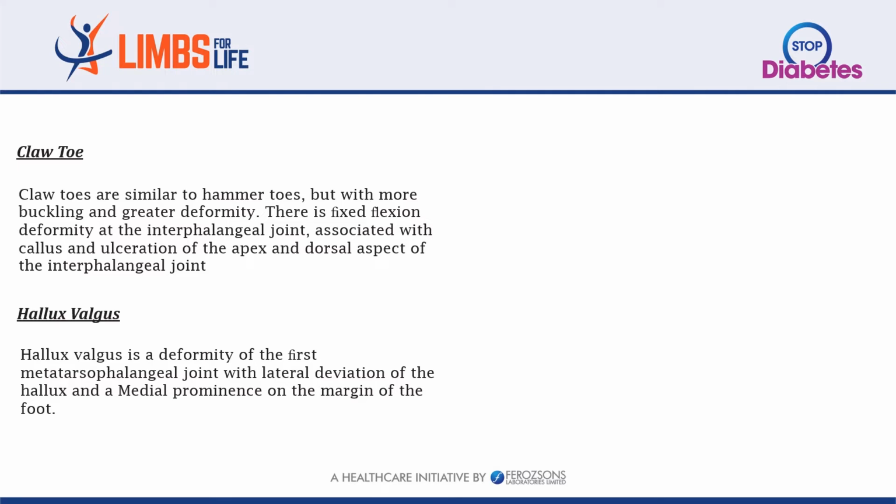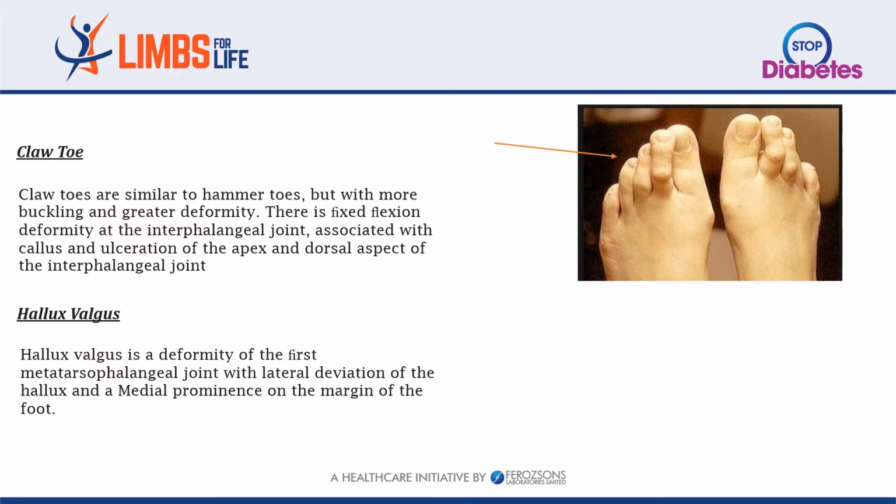Hallux valgus. Hallux valgus is deformity of the first metatarsophalangeal joint with lateral deviation of hallux and medial prominence on the margin of the foot, as you see in the figure.